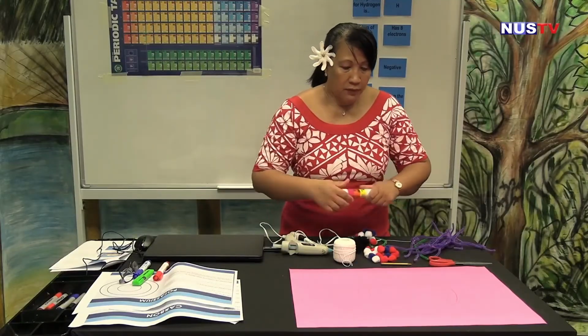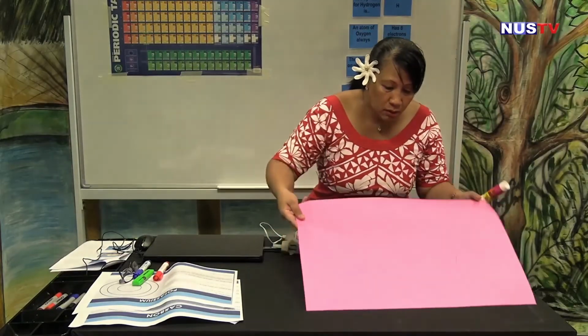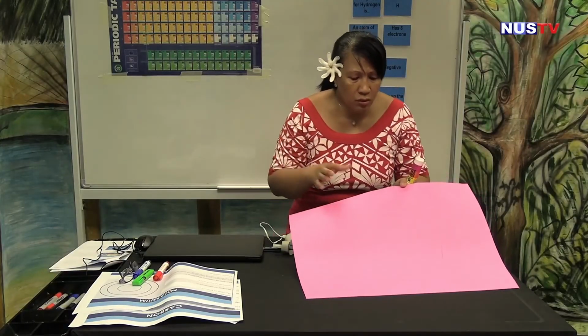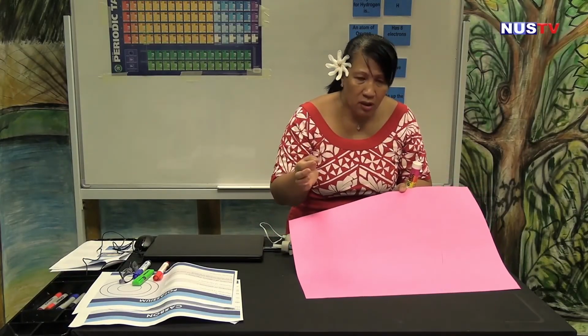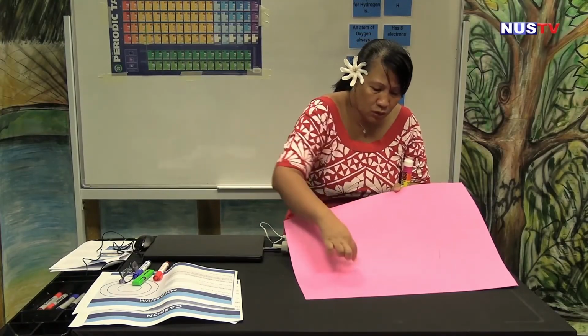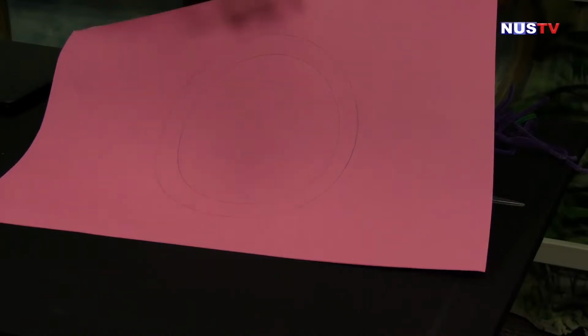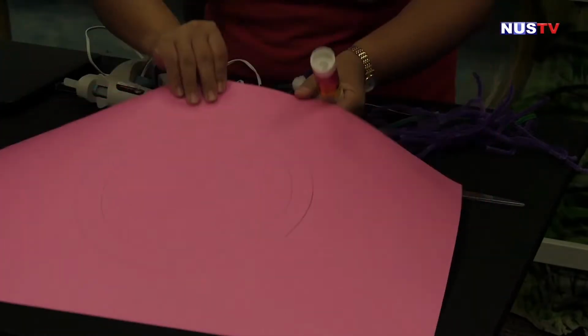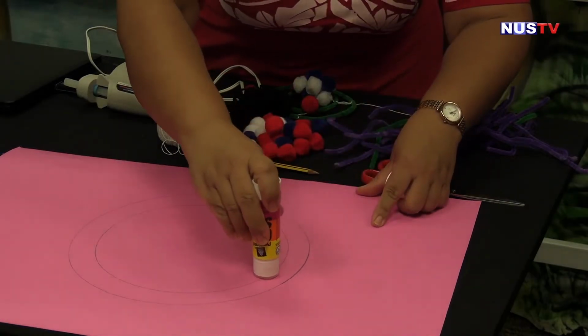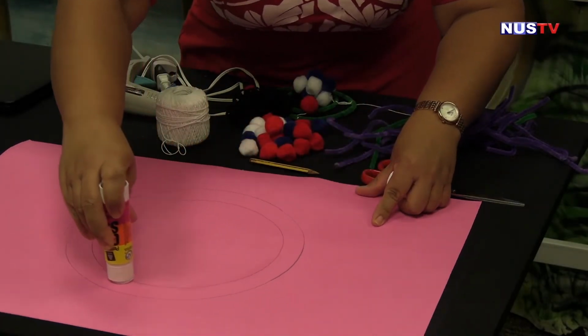Now, after you've drawn the circles, the shells, you don't have to use a protractor. I just use different sizes of plates and draw the circles, the shells, like I have over here. And then I put glue around the circle.